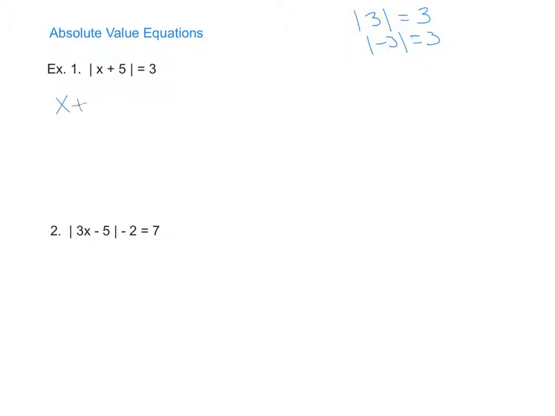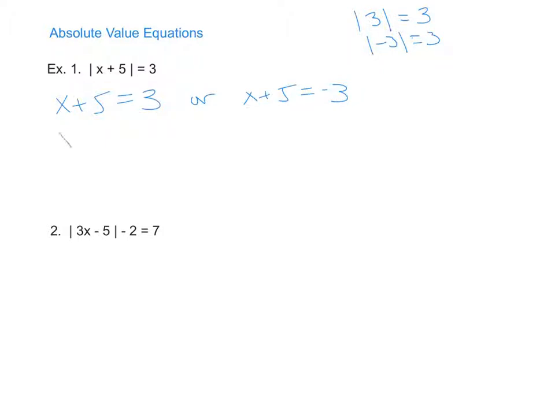So I can look at this x plus 5 equals 3, or my x plus 5 has to equal negative 3, because we know the absolute value of negative 3 is 3. Okay, so key to remember with absolute value equations is that you're looking at what's inside here, and this needs to either be the positive value of this or it equals the negative value of that.